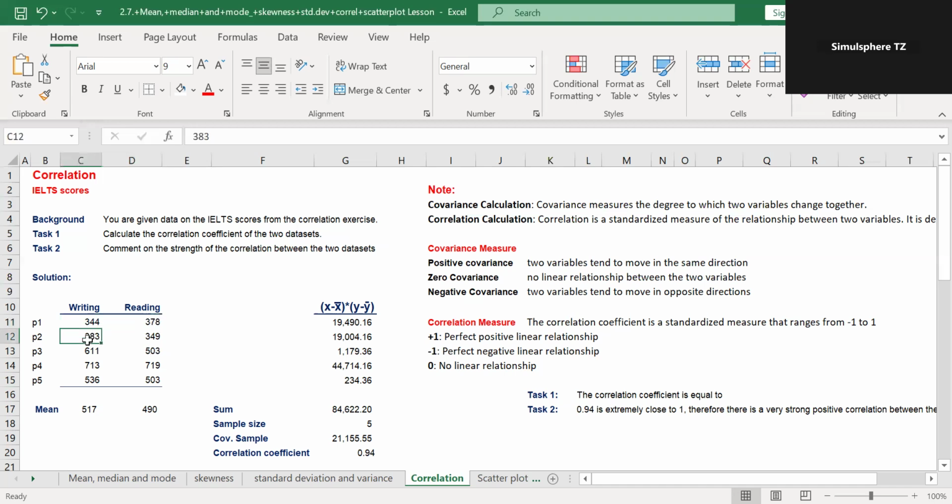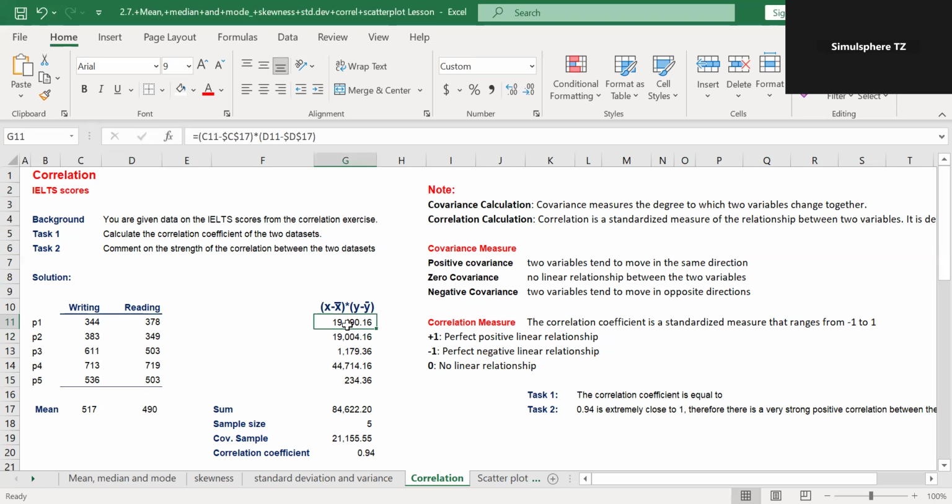But person 2 had 383, which is a high score, but had 349 in reading. So first off, the scores are high. And whenever you score high in writing, you most likely will score high in reading or almost high in reading. So that's what we are trying to measure. Let's get right into it.